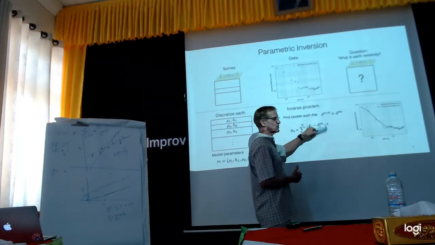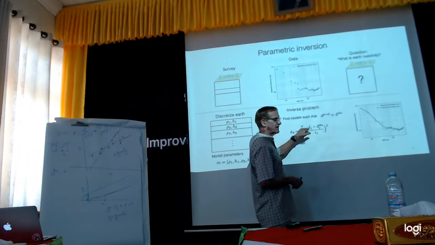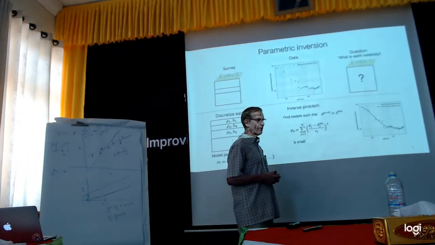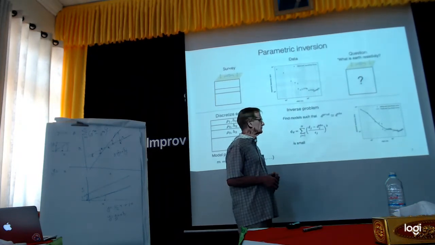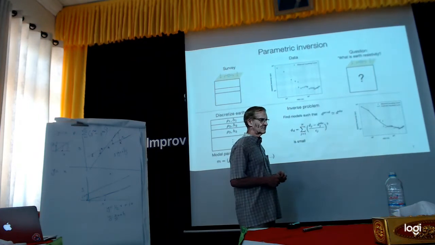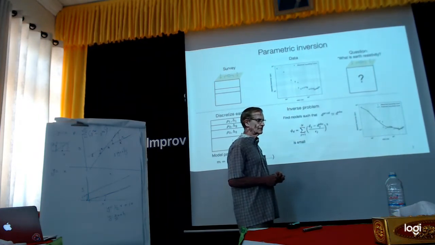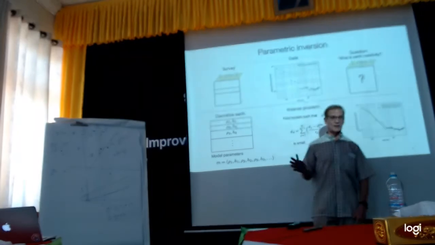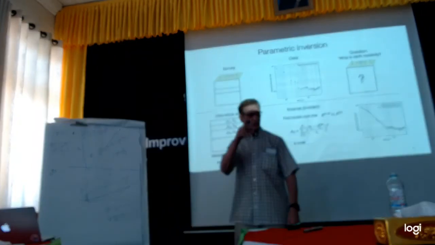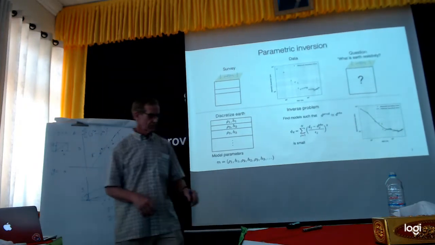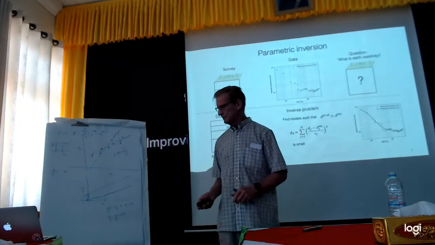And we're going to square and sum and try to find the parameters of the model so that this is a minimum. So that's our goal, and we have an app that will allow you to play with this.